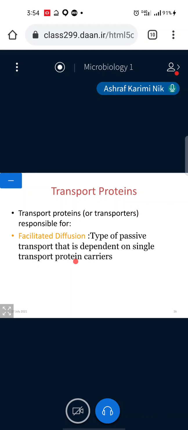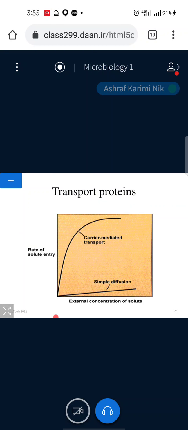Yes, with transport protein carriers and without energy. Rate of solute entry: carrier-mediated transport, and simple diffusion without carrier proteins.